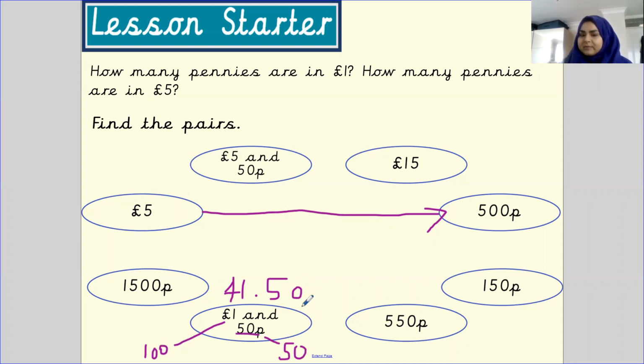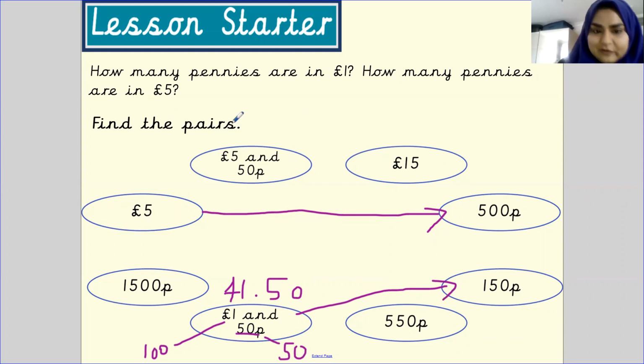Fantastic. So £1 and 50p is 150p. Okay, now let's do £5.50. So £5 and 50p means £5.50. I know I need to turn £5 into pennies, but 50p already means 50.